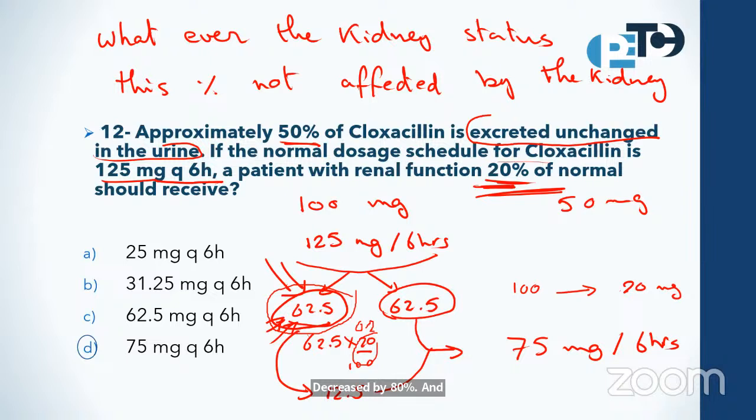So you need to give 20% of the dose that is affected, which is 12.5. Then add it to the part of the dose that will not be affected, which is 62.5. Therefore, the final dose will be 75 milligrams per 6 hours.